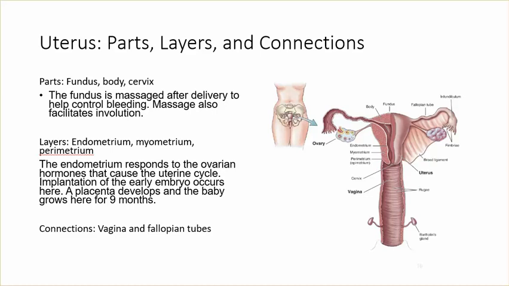So we've talked about the cervix, and we've talked about the layers, endometrium, myometrium, and perimetrium. The endometrium responds to the ovarian hormones. So as the hormones are changing in the ovaries, because of the development of the oocyte and directed by the FSH and LH, the estrogen and progesterone causes changes in the endometrial part of the uterus, so that these two cycles get coordinated.